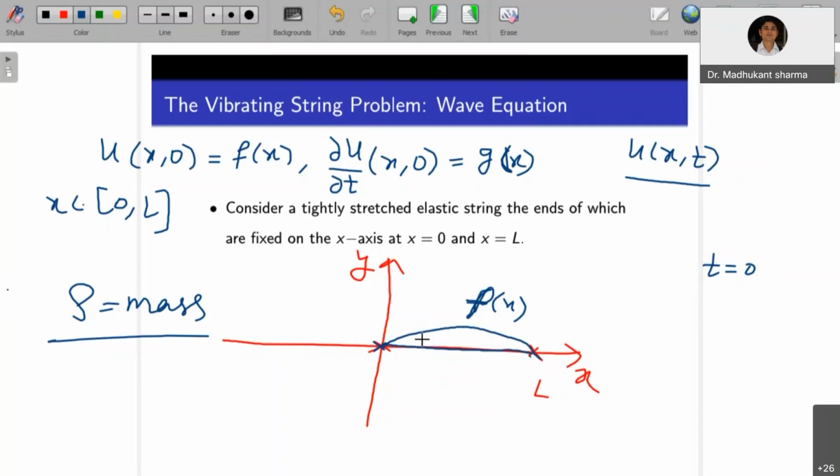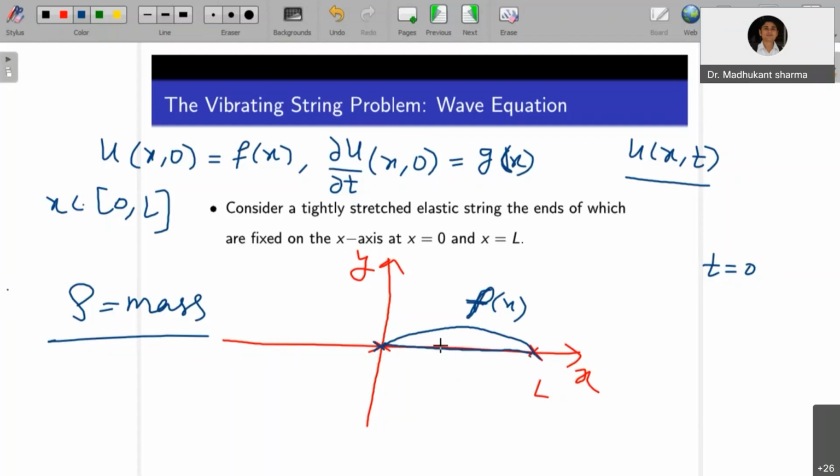So we will make the assumption that this tension is so large that gravitational force can be neglected. Whenever you drop something from a height, due to the gravitational force it goes down. Here gravitational force is not applicable.